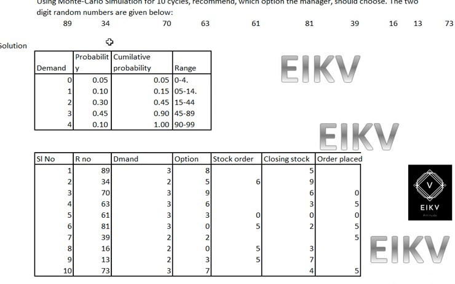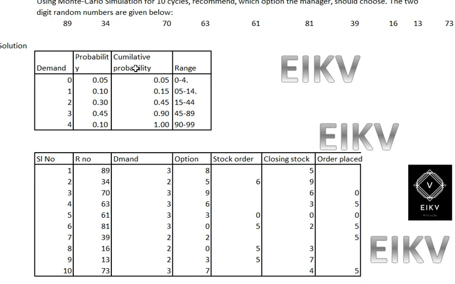First of all, we need to take the solution. Going ahead with the solution, first we need to take the range. For the statement showing computation of range, we have demand and probability. Then we need to take the cumulative probability and range. The cumulative probability is the previous cumulative probability plus the probability of the next one.